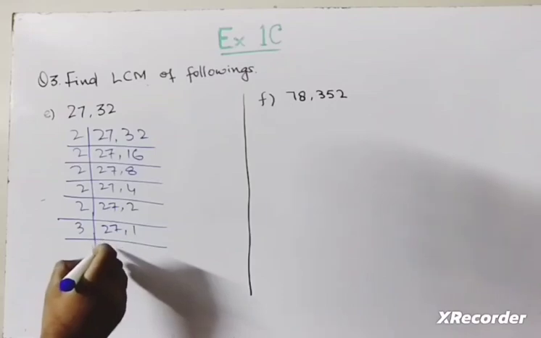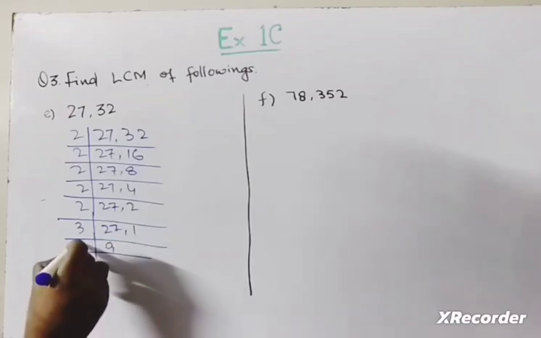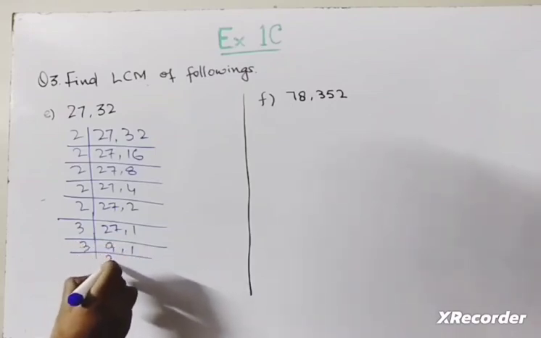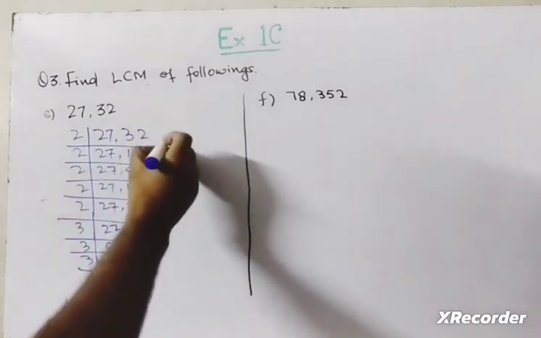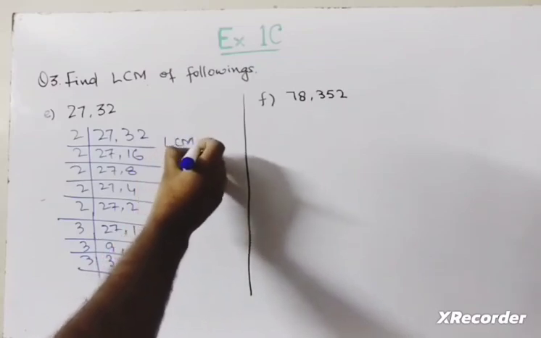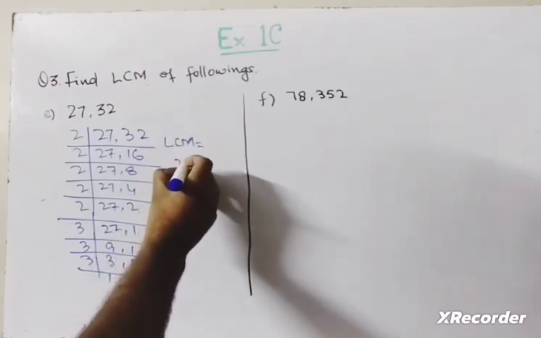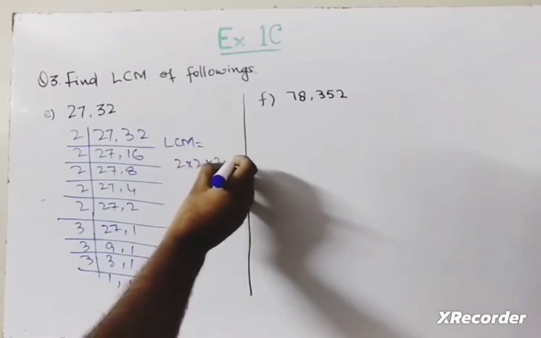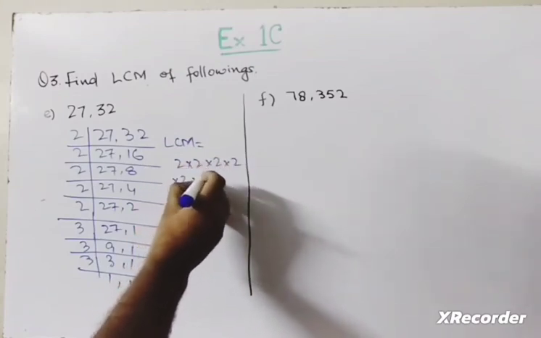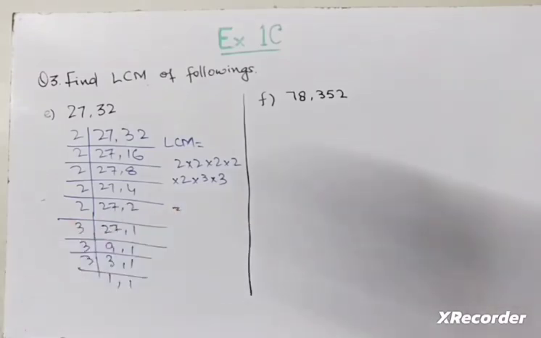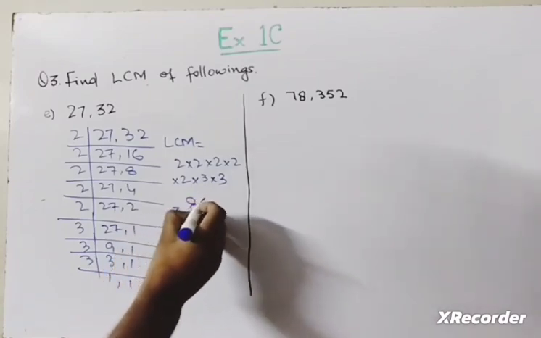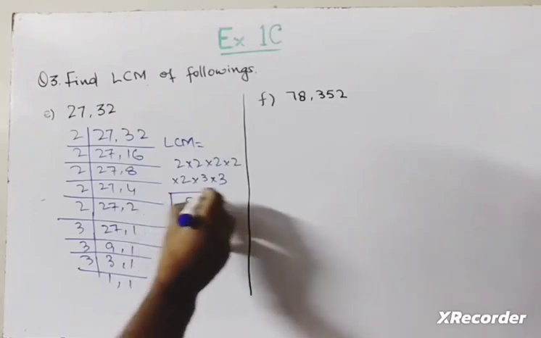Now for 3, 3. So the LCM will be 2 multiplied with 2 multiplied with 2 multiplied with 2 multiplied with 2 multiplied with 3 multiplied with 3 multiplied with 3. By calculating we get 864. That is our required answer.